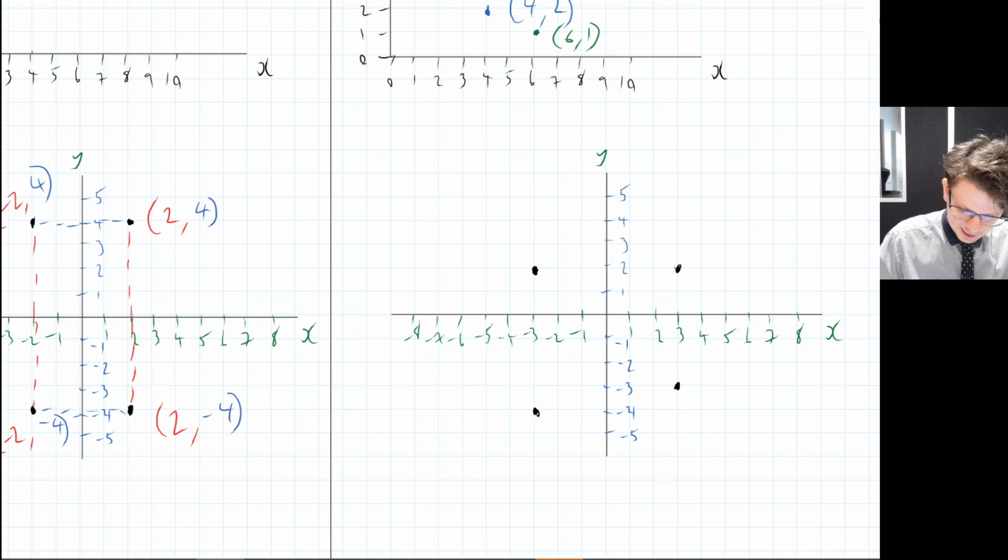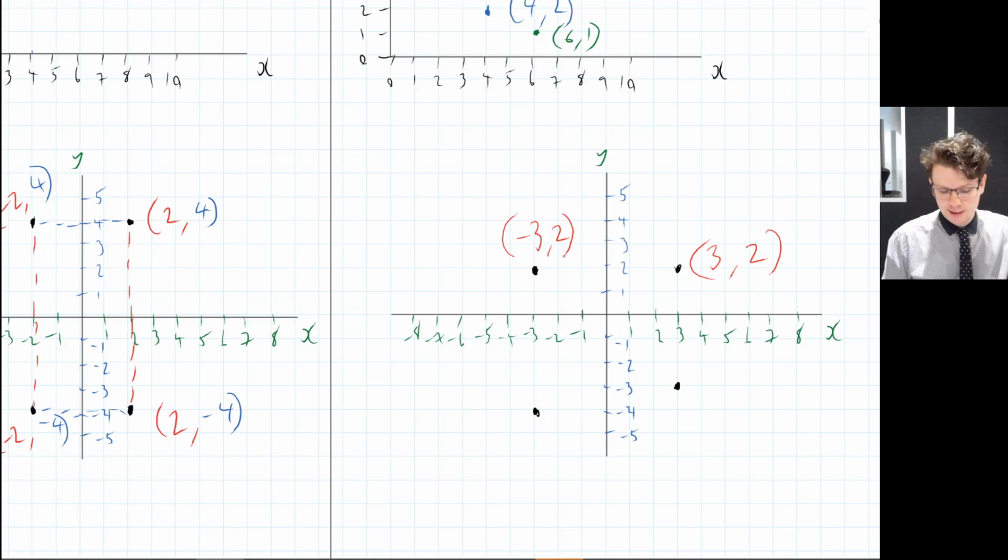Alrighty, so let's start with this first point here. So that's going to be 3, 2. This next point over here, that's going to be -3, 2. Remember, x always comes before y, so the -3 comes before the 2. Why? Because x is before y.